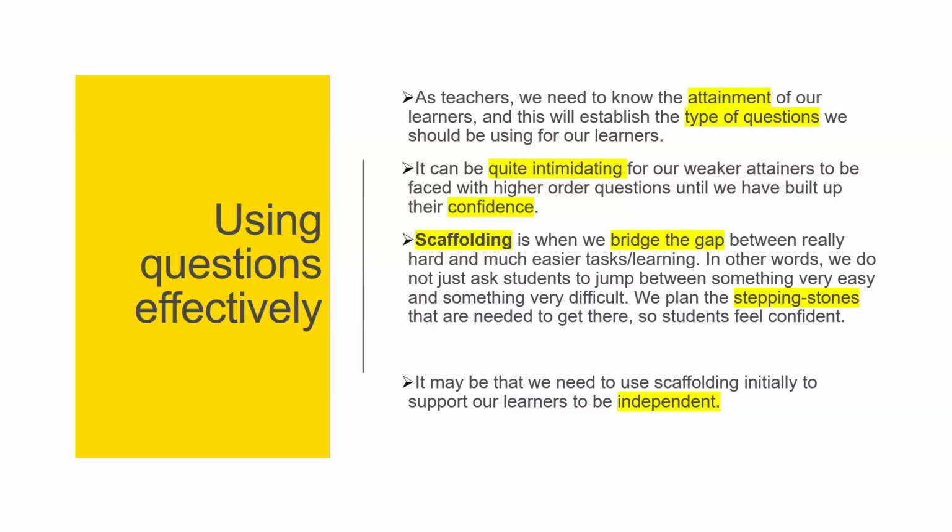So there is need for us to consider the lower attainers and the higher attainers. And we also have to find the ways to form a synergy so that we are building up the confidence of the strugglers, giving them a bit of a scaffold. And we are also bridging the gap between them. So we are taking them bit by bit to also come to the level of evaluating, analyzing, and creating.